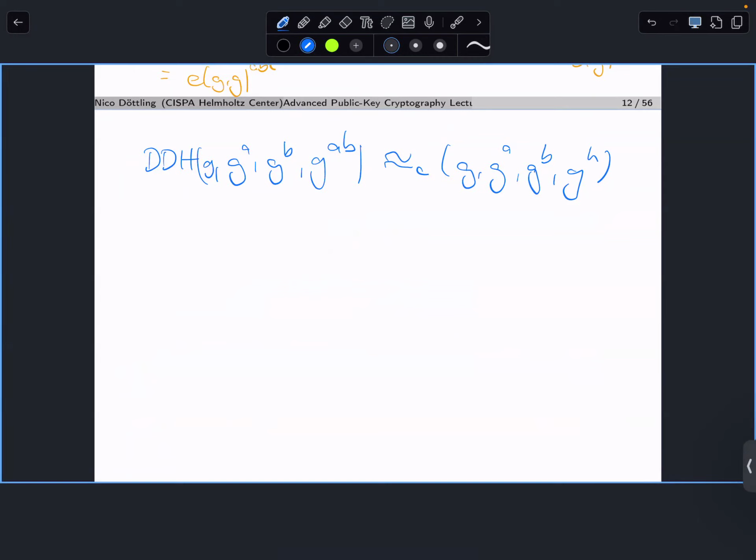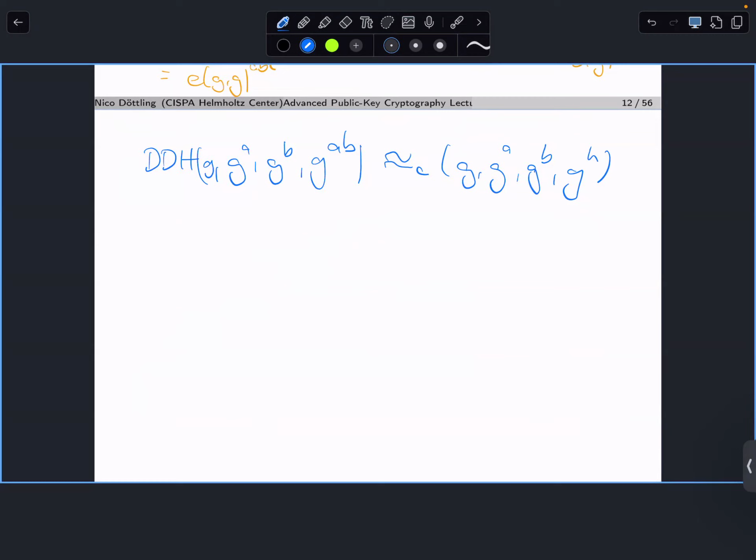So any suggestions or guesses where this assumption came from? Go ahead. Precisely. G to the A, G to the B. This is exactly what the adversary sees in a Diffie-Hellman key exchange.